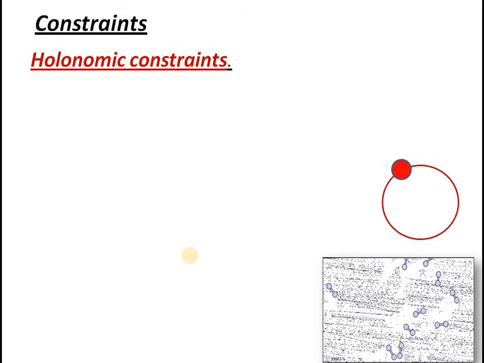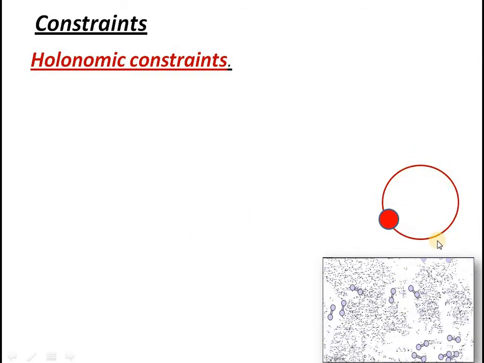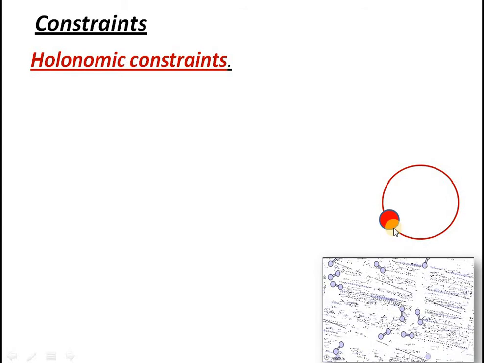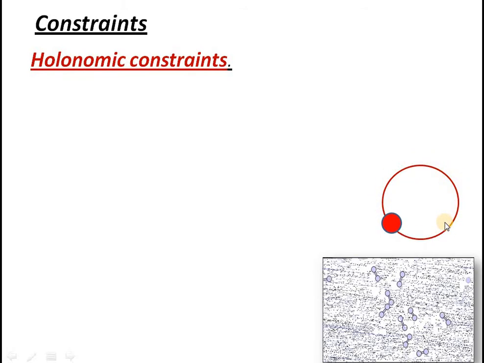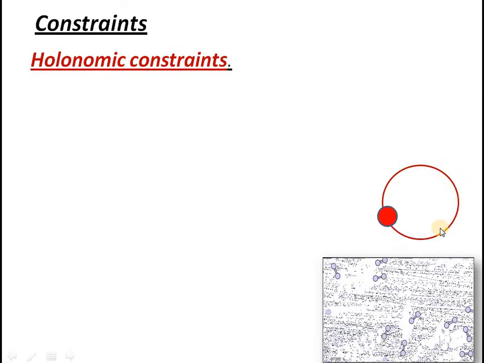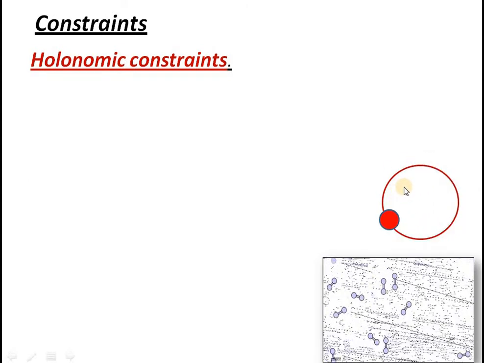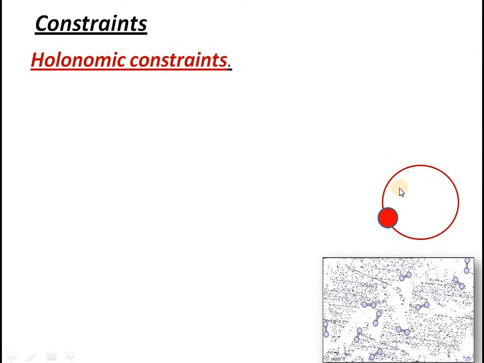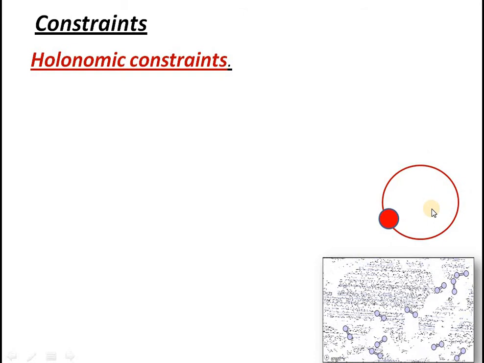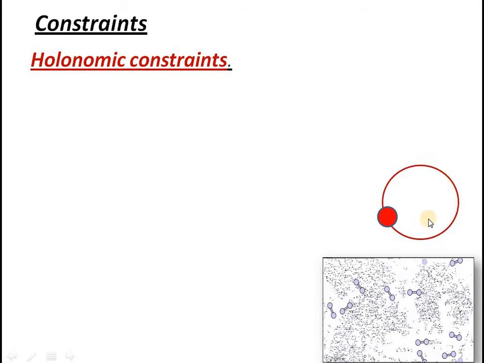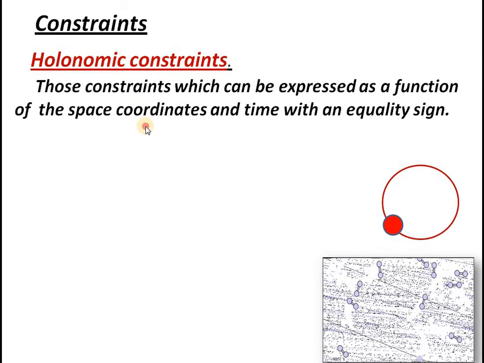Come to this example again. Here is a bead moving along a circular wire. It's the simplest example. Here you can see its radius is constant, as I already discussed. When you write the constraint in mathematical form, we write that the radius of the circular path is a constant, r equal to a constant.